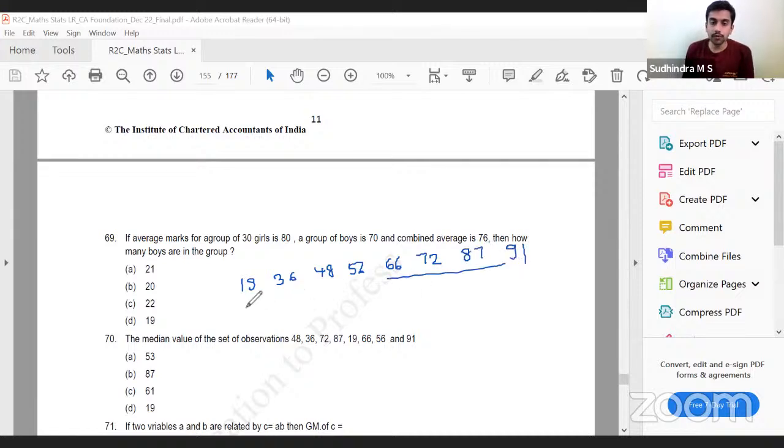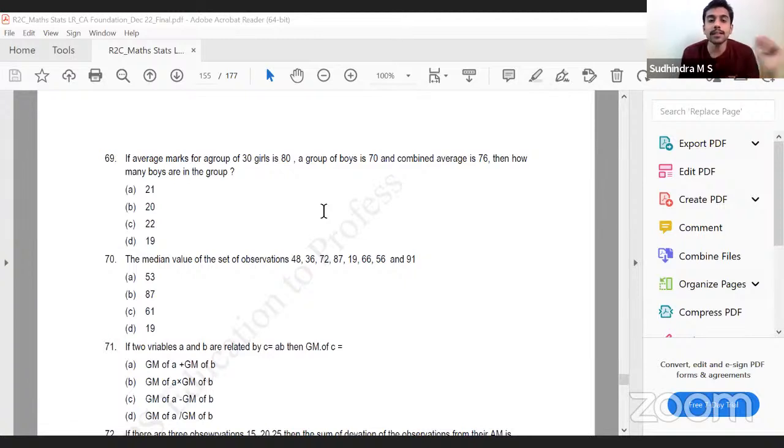So we have 4, 4. So we have two mid values, 56 plus 66, average 61. If two variables A and B are related by C is equal to AB, then geometric mean of C. We just discussed this. Geometric mean of A into geometric mean of B.